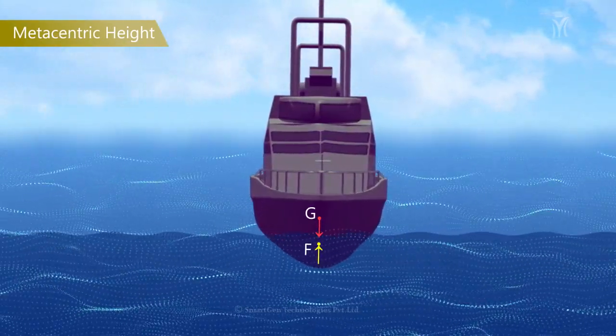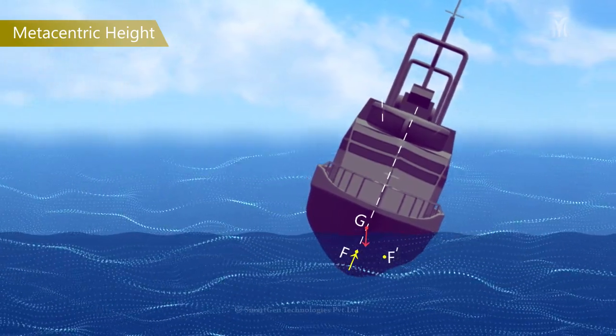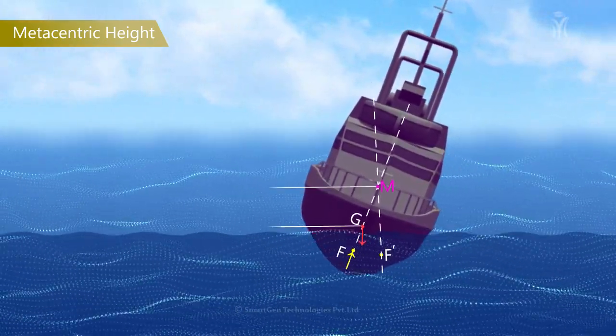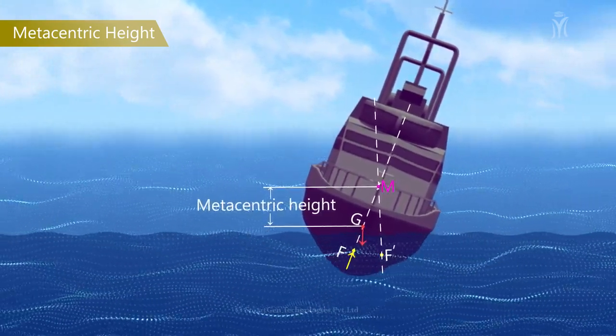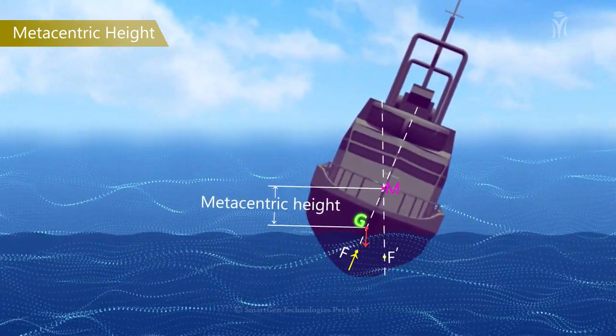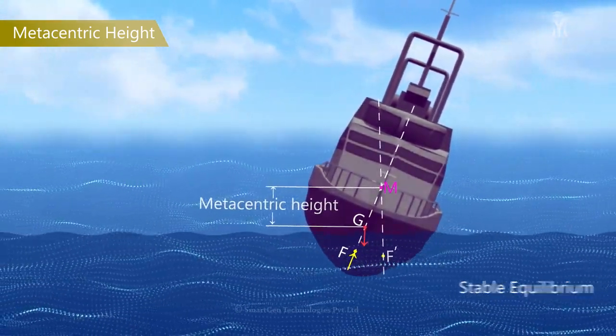Metacentric height. It is a measurement of the initial static stability of a floating body. For a floating body, when the metacenter is above the center of gravity, the body is said to be in stable equilibrium.